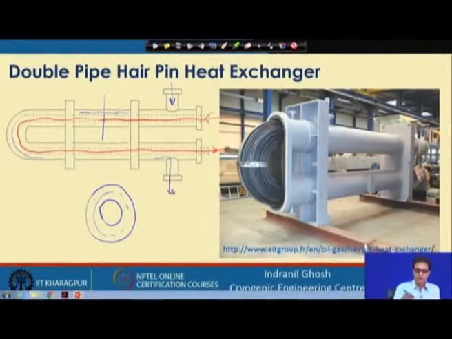Now, depending on the direction of the flow, it may enter from this side and come out from this side, or it may enter from this end and finally come out from this end.